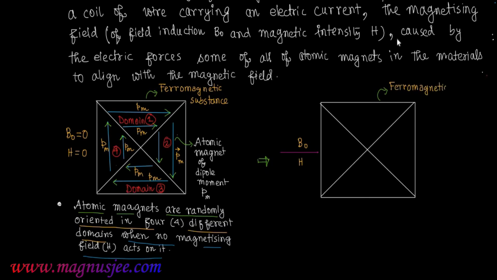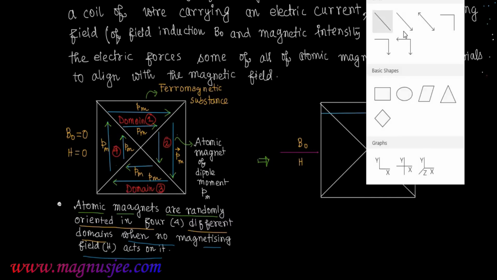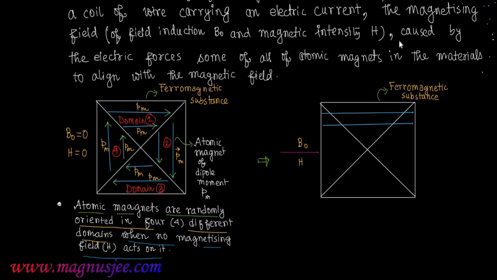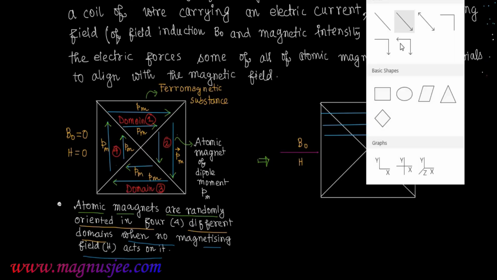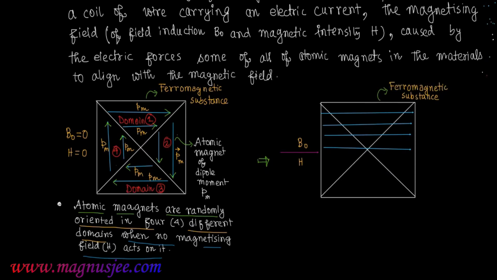In this case, all the atomic magnets in the four regions will be aligned in such a way that they are parallel to each other.